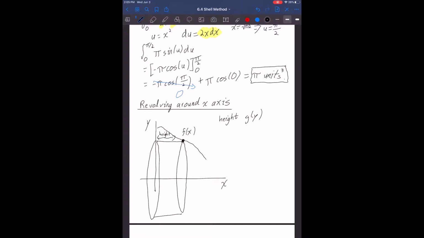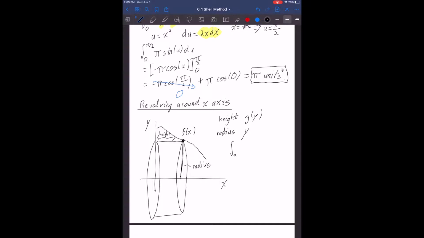So this is the height, and our radius here is just going to be how far along we are. So this is going to be our specific y value that we're going to be looking at. So our radius is going to be y.